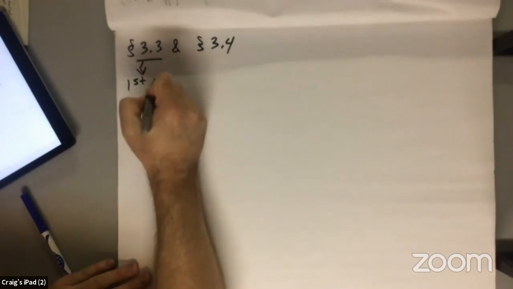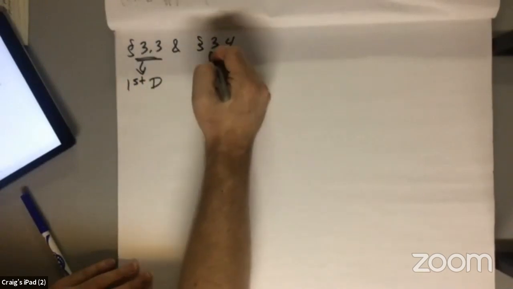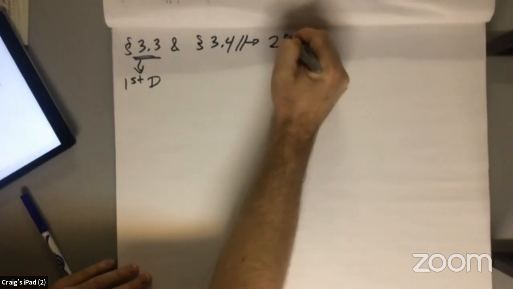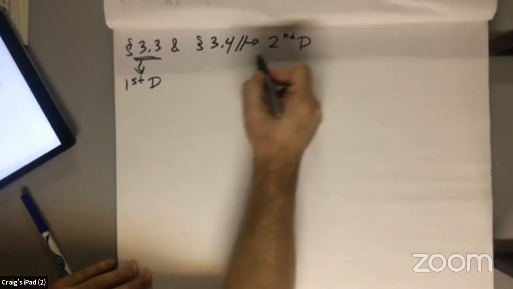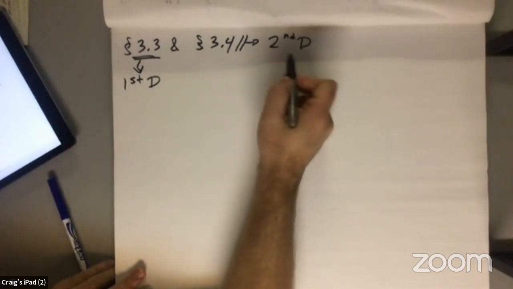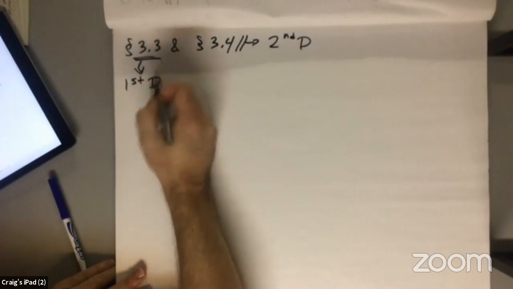Basically, it's going to ask, what does the first derivative tell us? Now, we've been studying this all semester long. The second one, 3.4, is going to talk about the second derivative test. This is going to be the challenging part of today, because we really have not been talking about the second derivative much at all. Whereas the first derivative, we've talked about from day one, every single day.